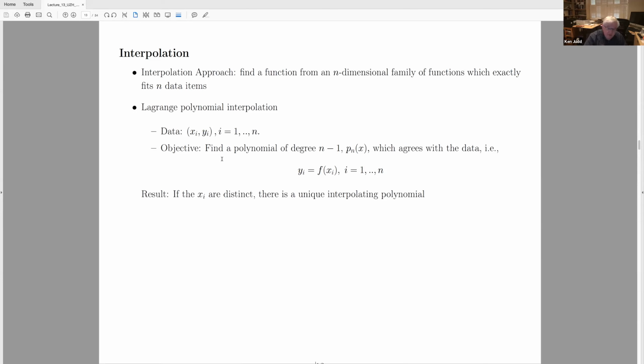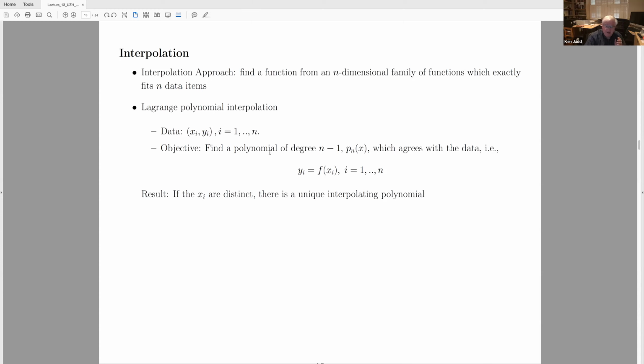Now, one way to go is what's called interpolation. You construct a set of data. You pick some x naught and then y naught, which equals f of x naught, so the xi's, and then the yi's are going to equal f of xi.